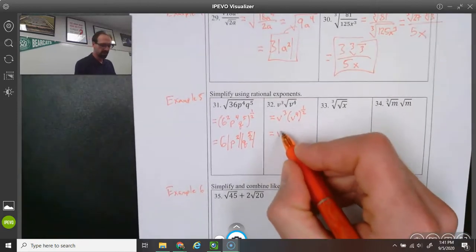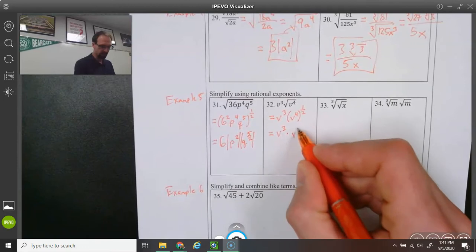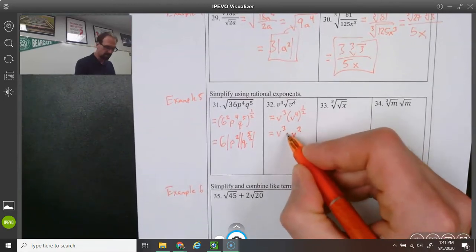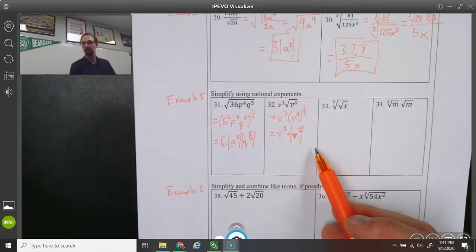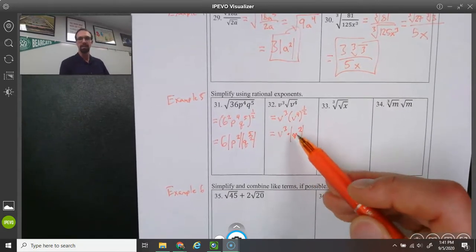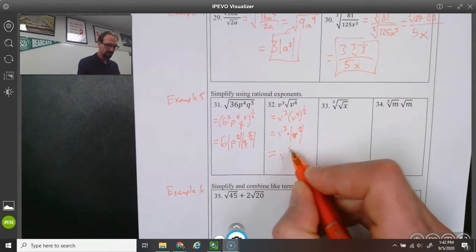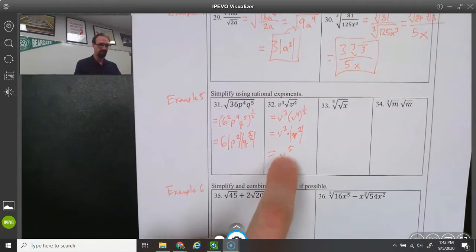So I'm left with v cubed times v squared. Now this v squared, we know is the absolute value. However, because we end up with that being a 2, we're going to have v to the 5th when we combine. So when we have v to the 5th, we have that part here.